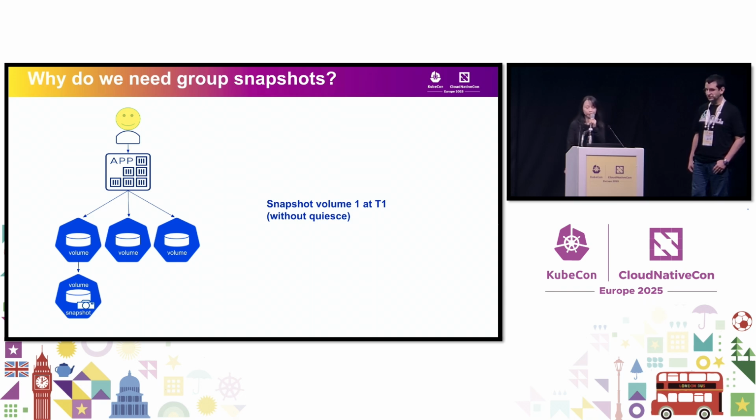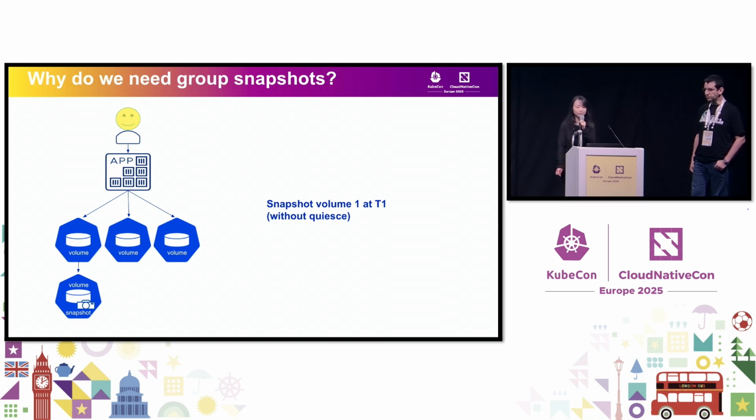You want to protect your application. To ensure application consistency, you need to quiesce your application before taking a snapshot and unquiesce afterwards. But quiesce takes a long time and it is very expensive, so you may not want to do it frequently. But you still want to be able to back up your data more frequently.